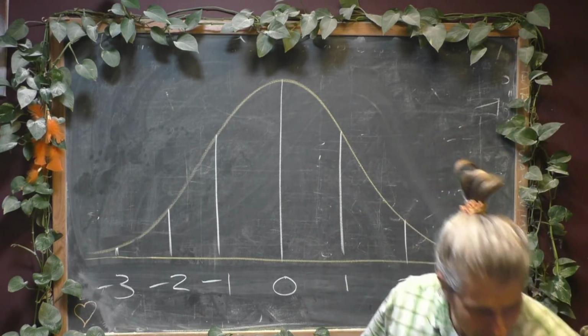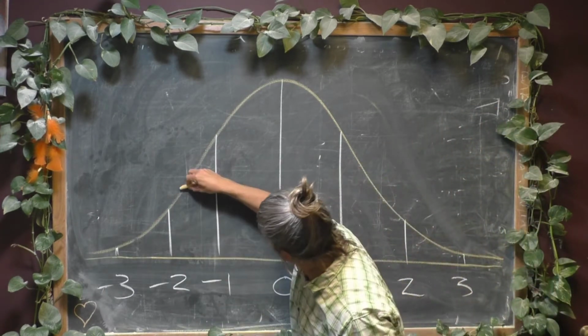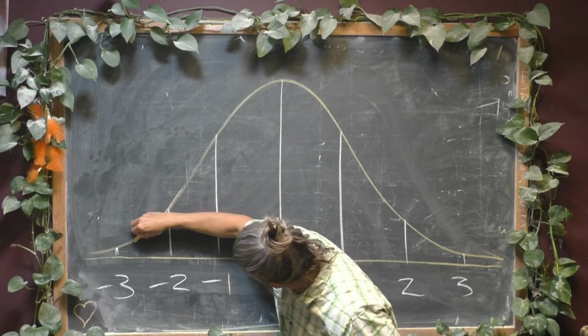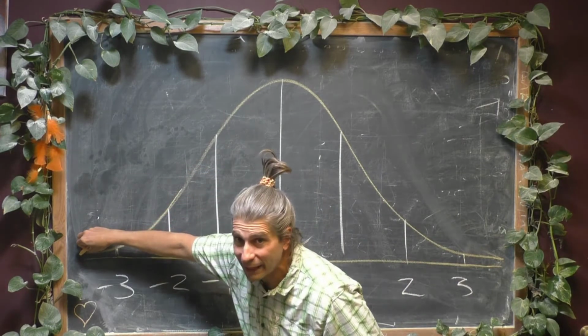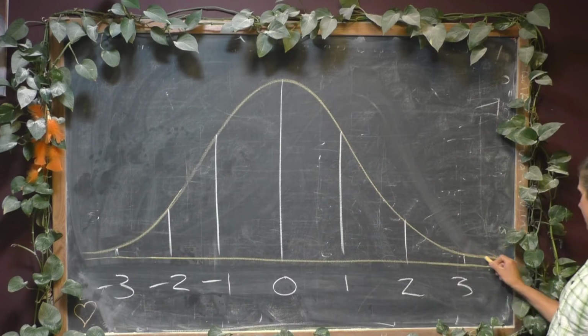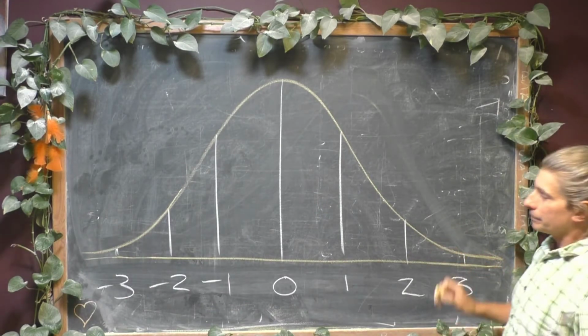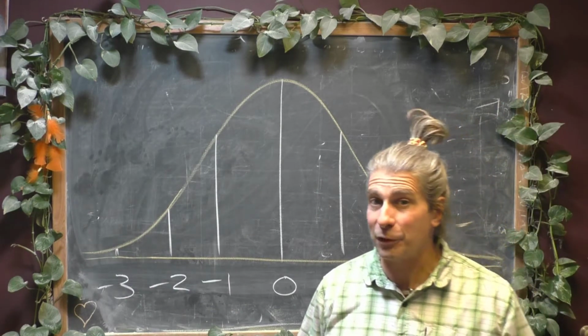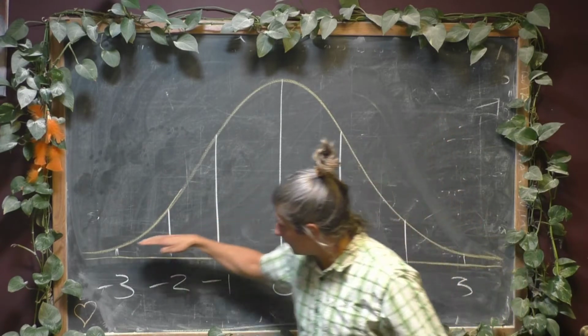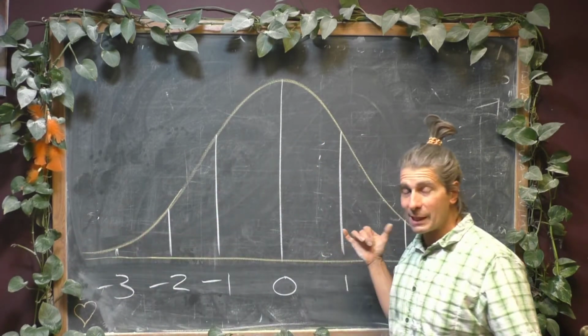Now, you may have been bothered a little bit by the fact that this curve doesn't look like it's touching the horizontal axis here, nor does it look like it's touching here.